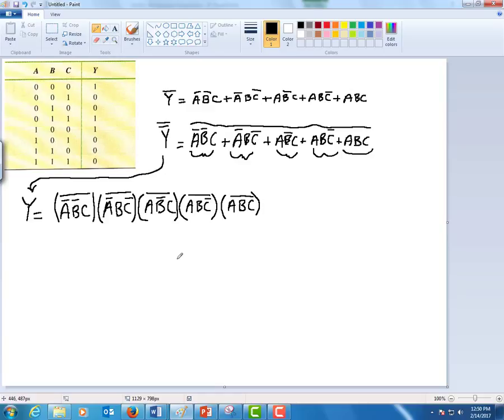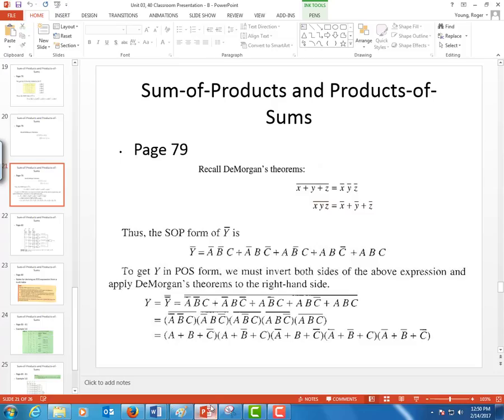You see how we came up with that now? All we did is we used De Morgan's theorems, right? These are the Boolean expressions of De Morgan's theorems. Now, if you notice, we go from here to here. What happens next? We apply De Morgan's theorem to each one of these gates, right?